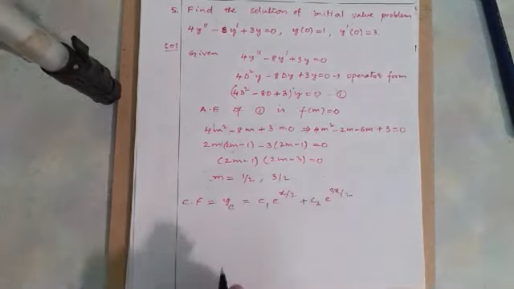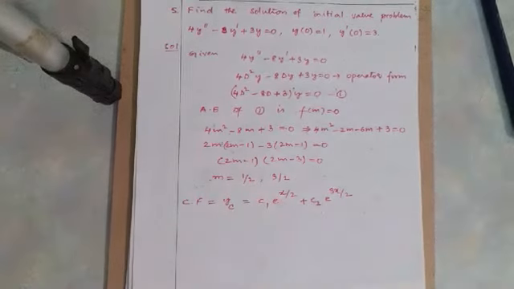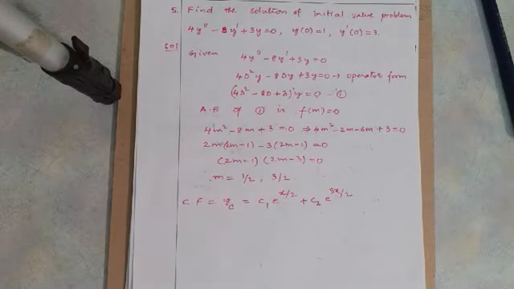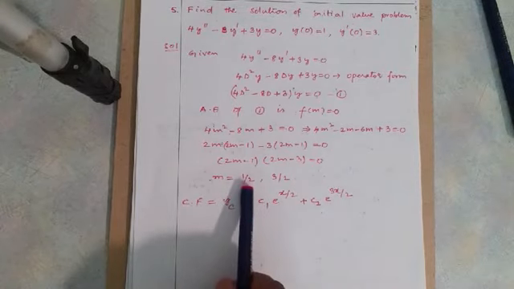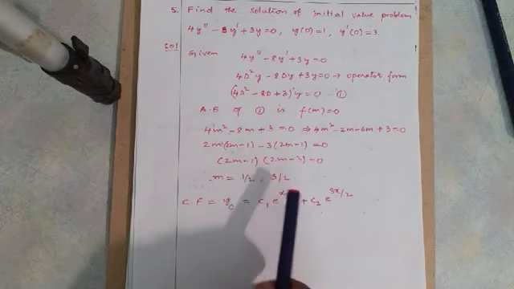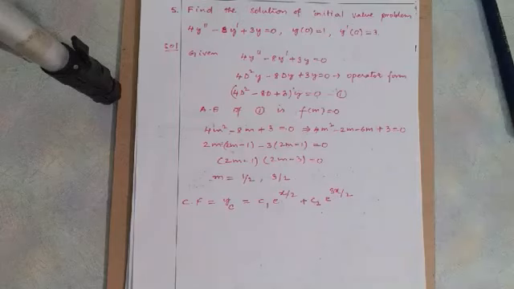As you know, if the roots are different, we write yc = c1 e^(m1 x) + c2 e^(m2 x). So x we are multiplying with whatever roots we got. Okay, so this is the complementary function.